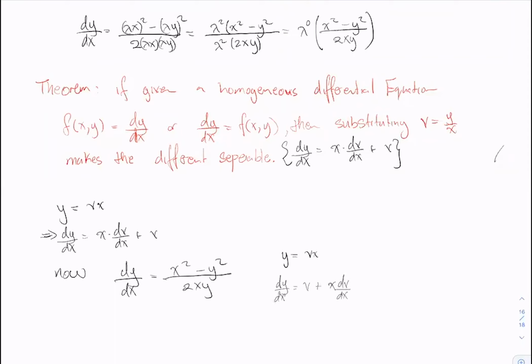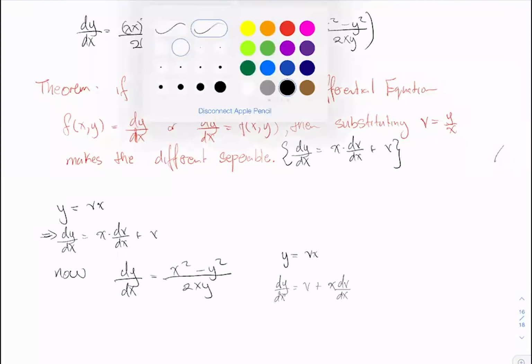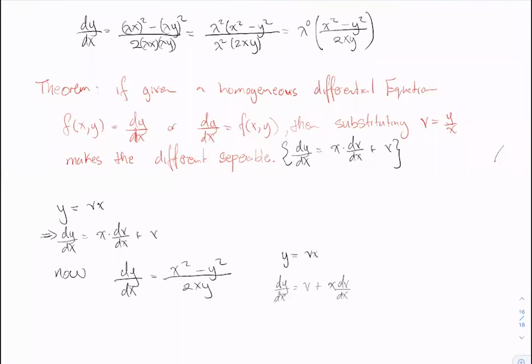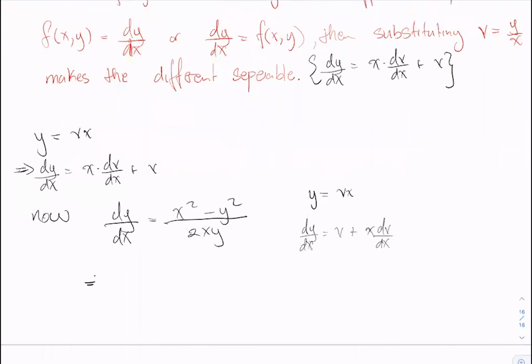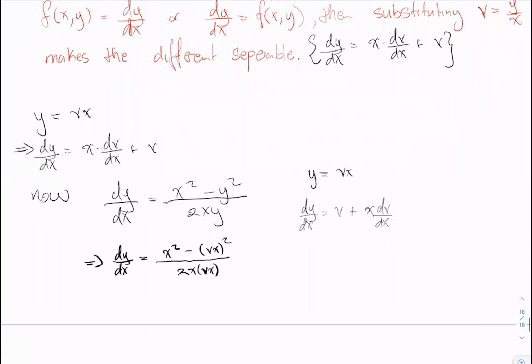All right, so those are the 2 substitutions I'm looking for. So let's go. So this means dy dx is equal to x squared take, in bracket here I put vx squared divided by 2 times x times vx. Making those substitutions gives us, well, we didn't substitute for dy dx here, so let's do that.